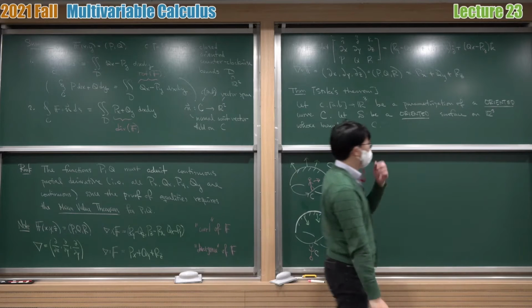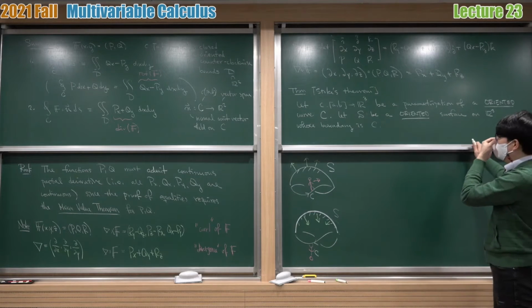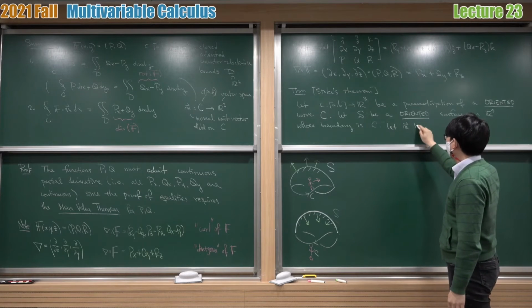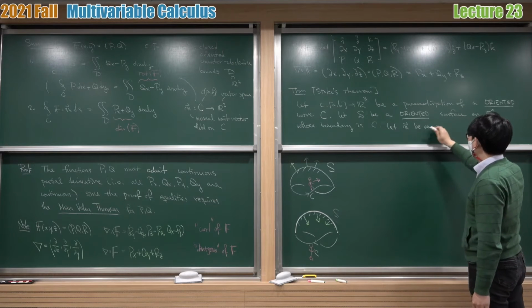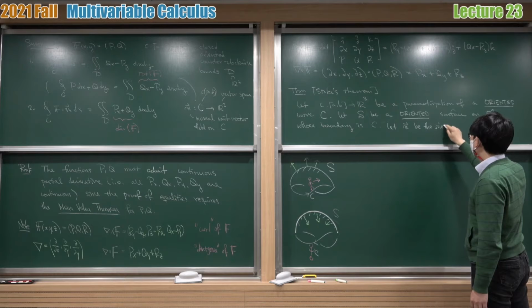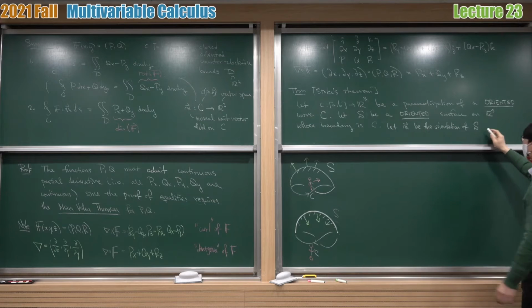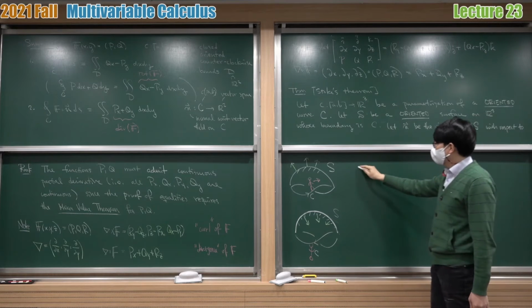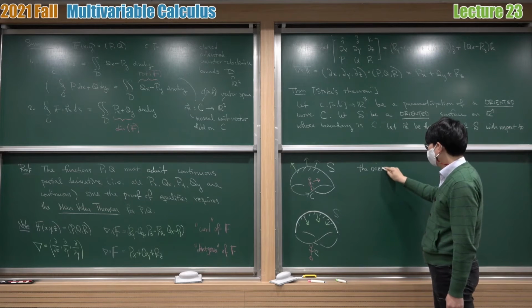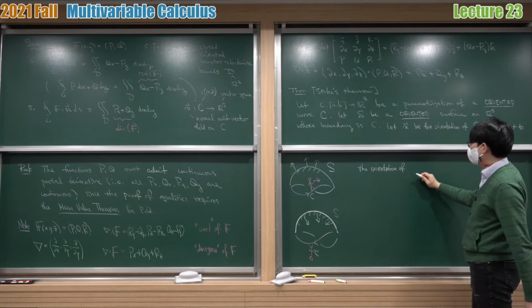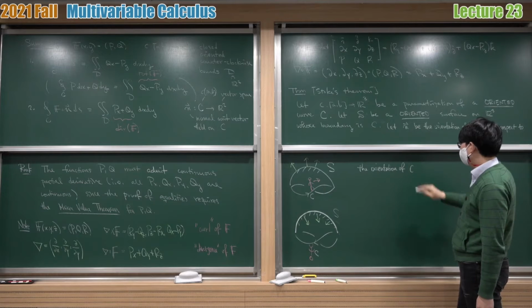So I'm going to write that in simple words. Let S be an oriented surface whose boundary is C. Let N be the orientation of S with respect to the orientation of C. Okay.